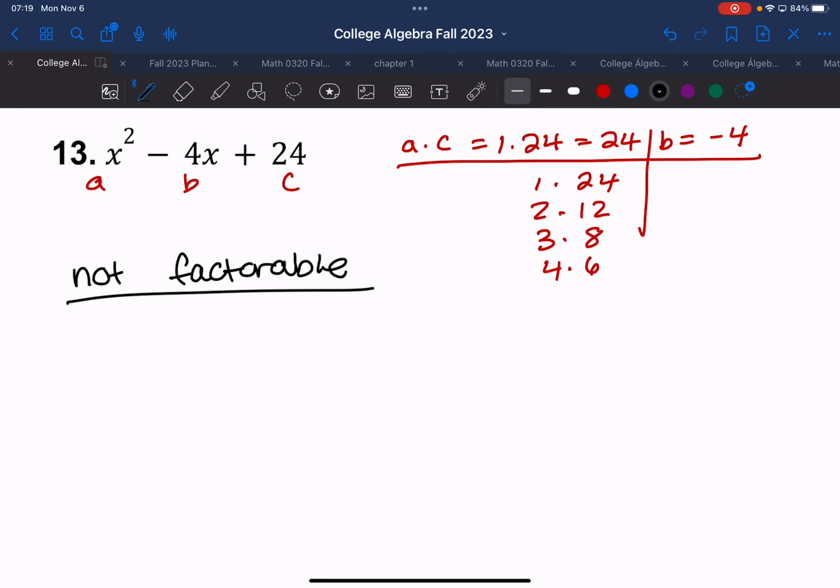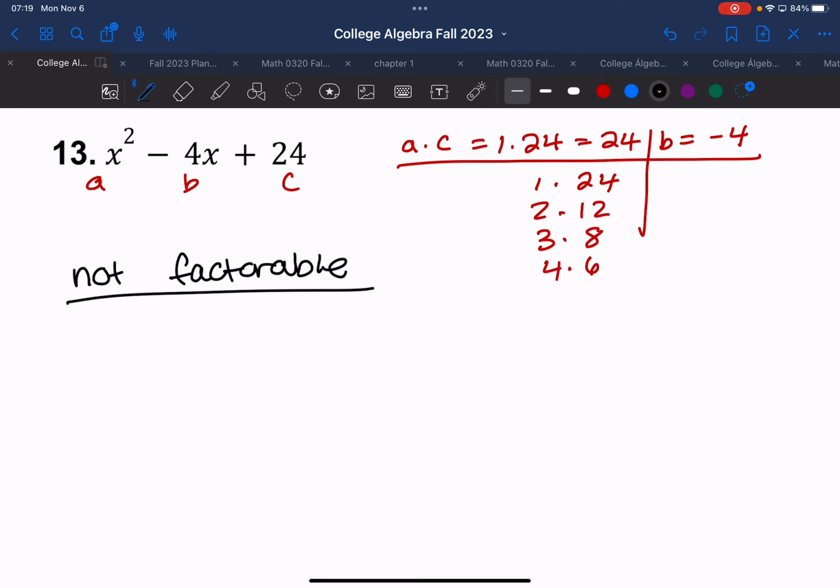What was your question? So if this is not factorable, which is okay because this question is asking us to factor. If the question was asking us to solve, how do we always solve a quadratic equation and it works every time?